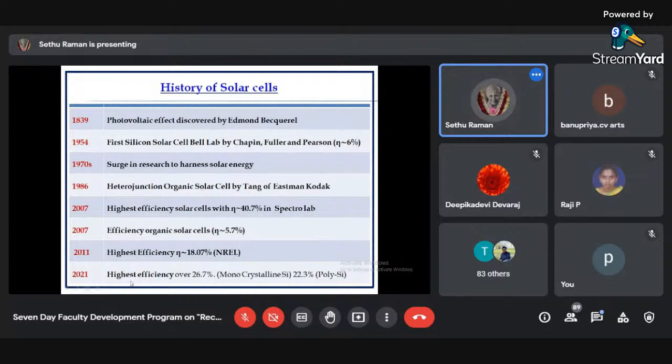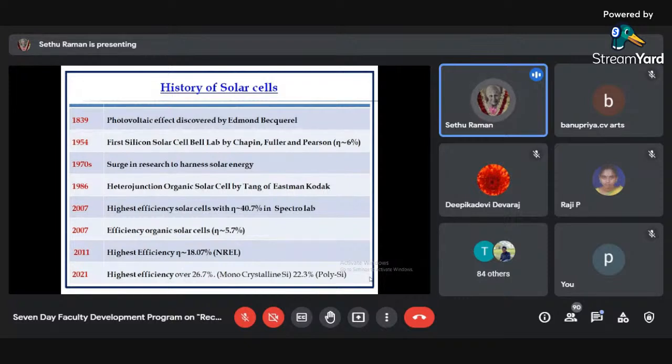In 2021, the highest efficiency we have achieved at lab scale for monocrystalline silicon is about 26.7%, polycrystalline about 22.3%, CIGS-based solar cells about 21.7%, cadmium telluride about 21%, and amorphous silicon about 10.2%.